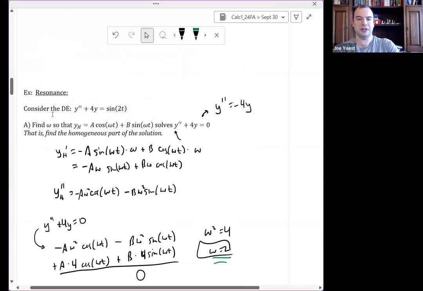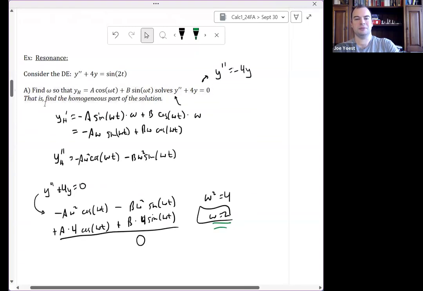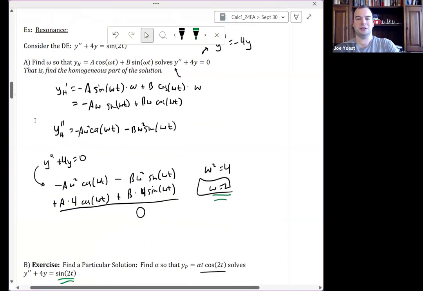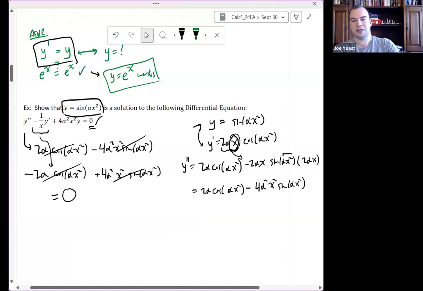So just to be very, very clear, it is not a Calc 1 question to say, here's a differential equation, find the solution, right? This is the Calc 1 problem: here's a proposed form of a solution to a certain differential equation, find the parameter that makes it a solution, or check that this proposed solution actually is a solution of the differential equation.